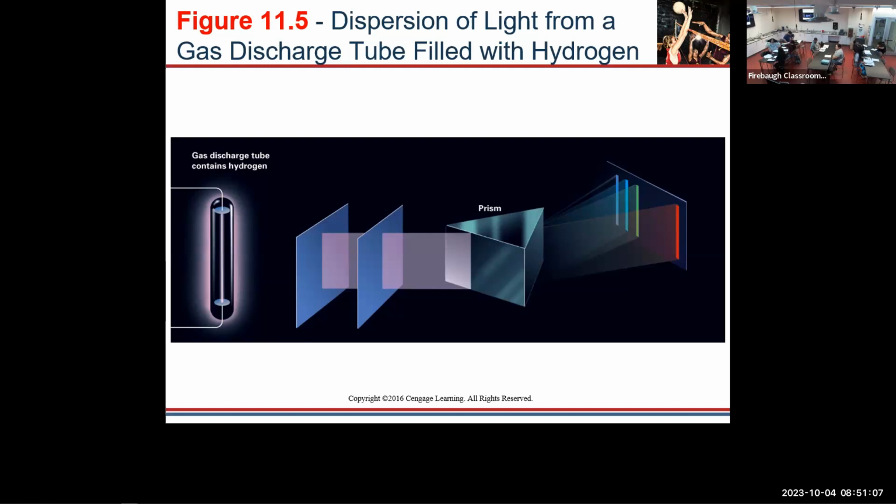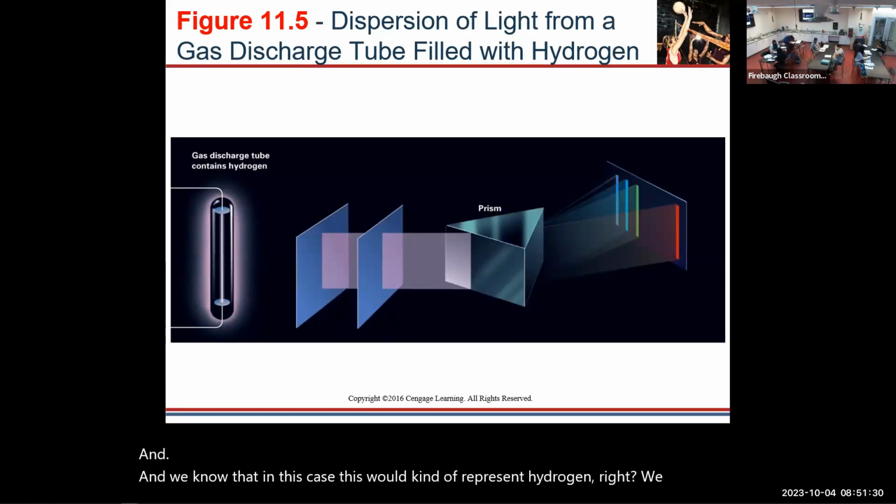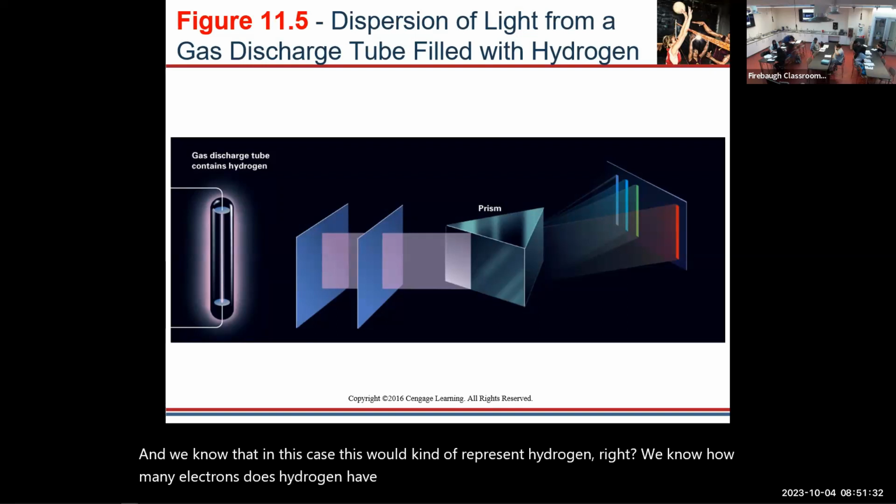Now, we know that this has to do with the excitation of electrons. And in this case, this would kind of represent hydrogen, right? We know how many electrons does hydrogen have? One, all right?